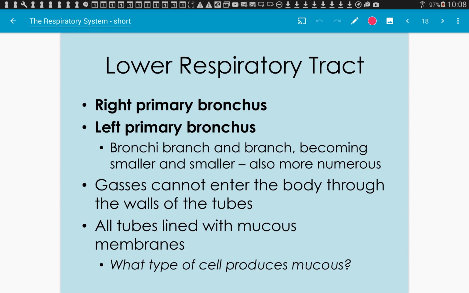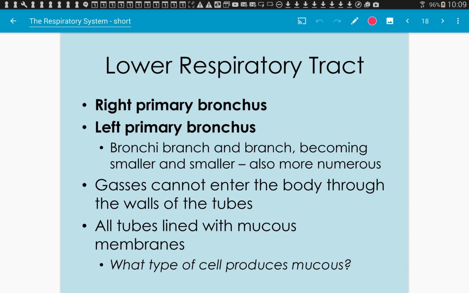Looking more in depth at the lower respiratory tract, once you get to the base of the trachea and where it splits to the right bronchus or the left bronchus, remember that little point where it splits is called the carina. It splits to the right side and to the left.